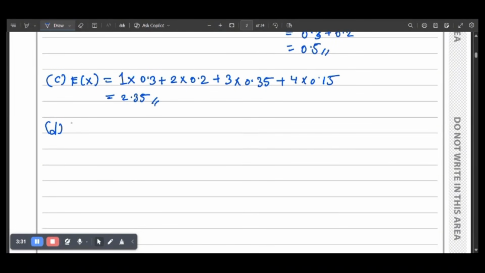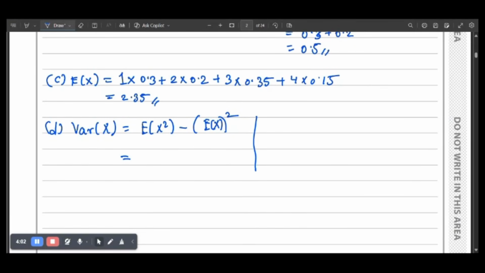To separately calculate it, we have to use the relationship E(X squared) minus the square of E(X), to find the value of variance. We already know the value of E(X) because we have calculated it in the previous question.